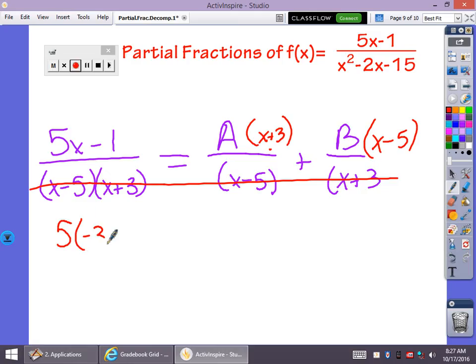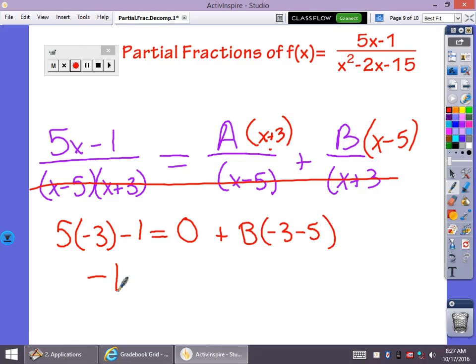So 5 times negative 3 minus 1 equals 0 plus b times negative 3 minus 5. Correct? Okay? So negative 16, because 5 times negative 3 is negative 15 minus 1 is negative 16, equals negative 8b. b equals 2. Lovely.